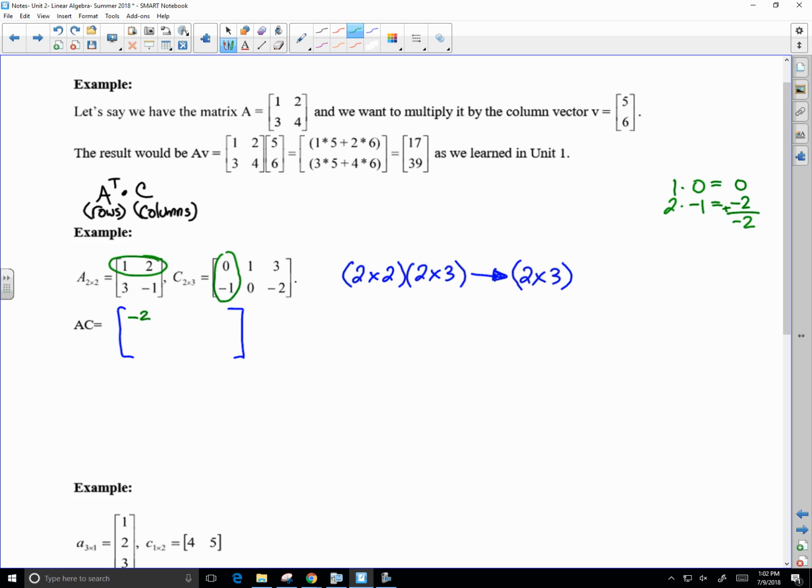But what most people are comfortable doing anyway is just saying, all right, I'm taking these two, multiplying it by the second column. What do I get if I take the first entry in the first row with the first entry in the second column? I get a 1. Second entry is giving me a 0. 1 plus 0 is 1. I almost said the wrong answer. One times 3 is 3. 2 times -2 is -4. 3 plus -4 is -1.